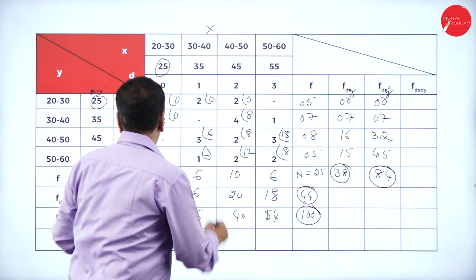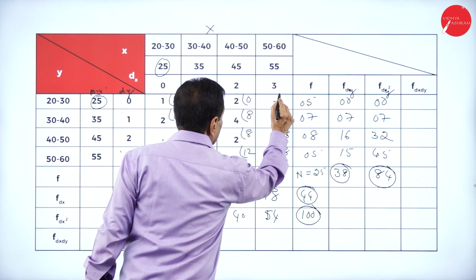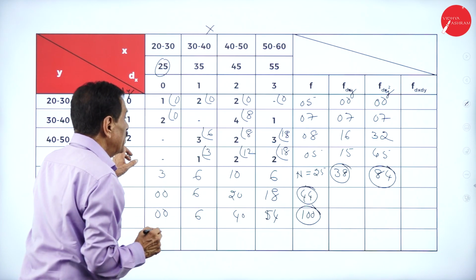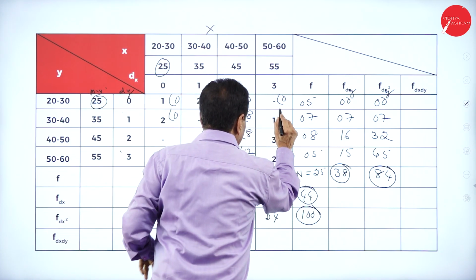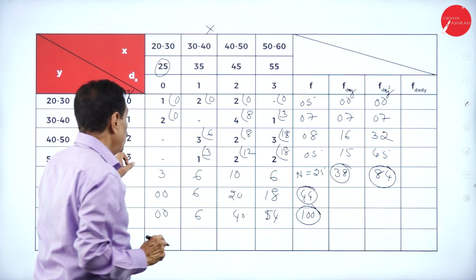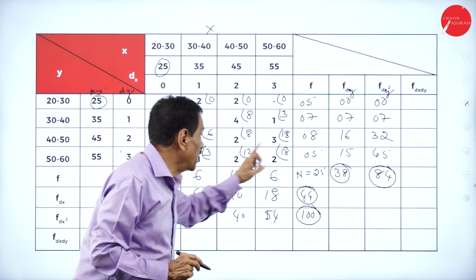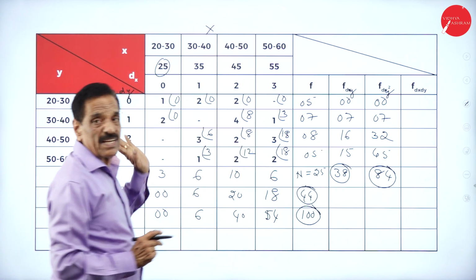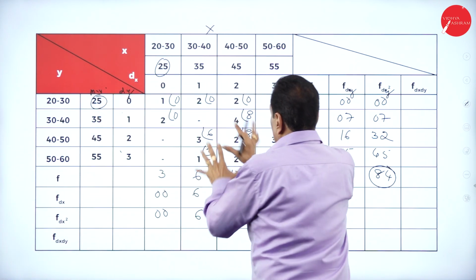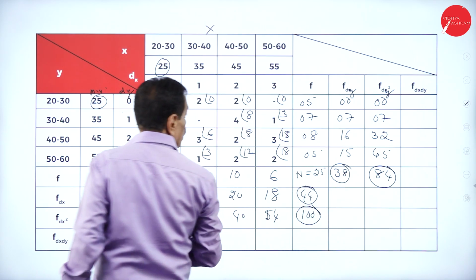The last number is 3 into 0, this is 0. 3 ones are 3, 3 ones are 3, 3 twos are 6, 6 threes are 18, 3 threes are 9, 9 twos are 18. Now whatever number is in the box, that should be added.